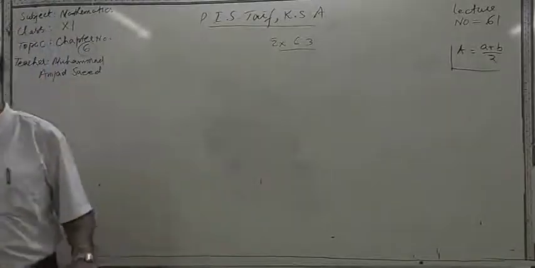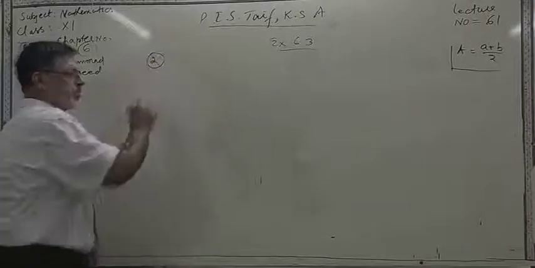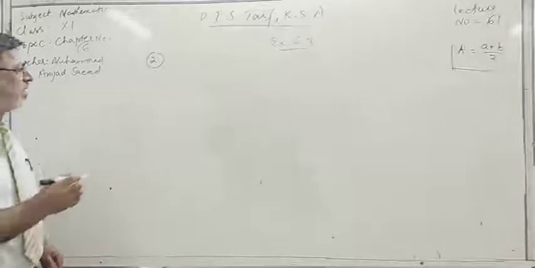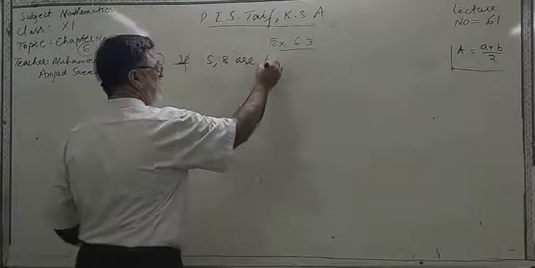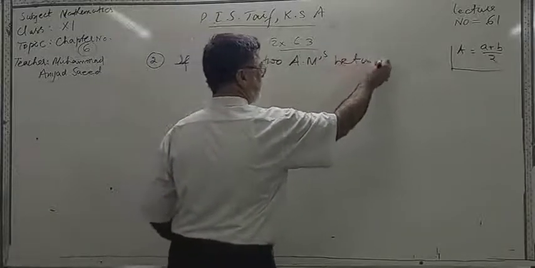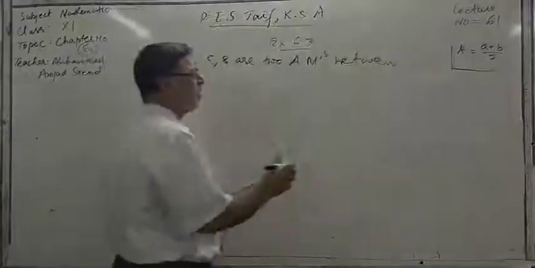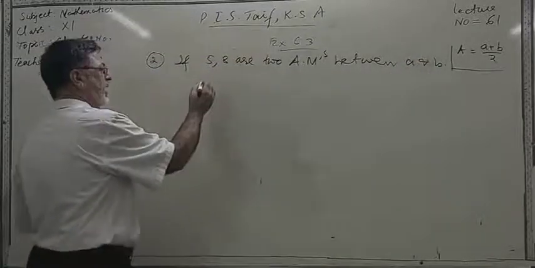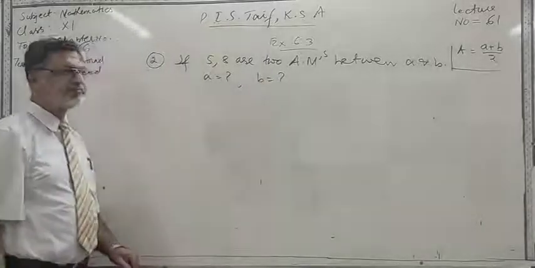Here we have question number 2, exercise 6.3. If 5 and 8 are two arithmetic means between a and b, then we have to find the values of a and b.